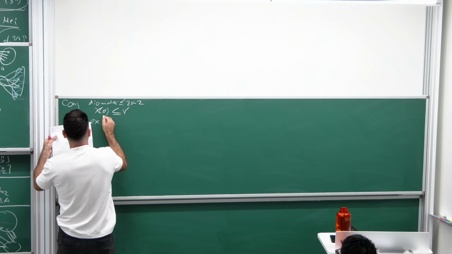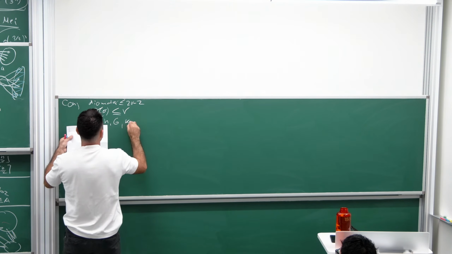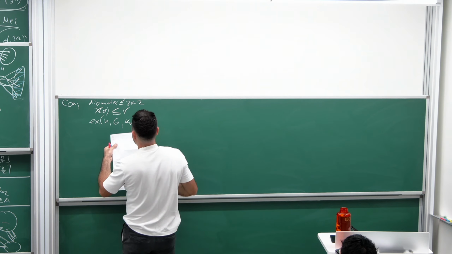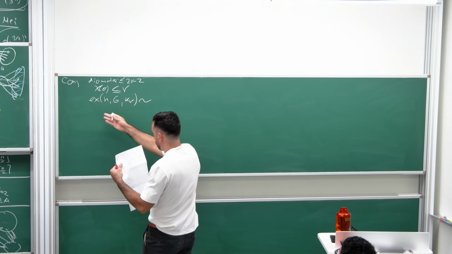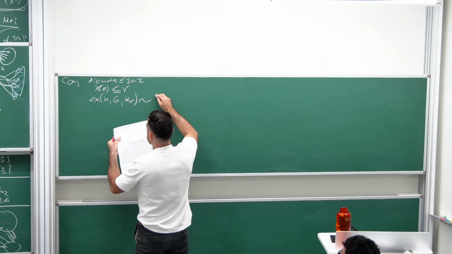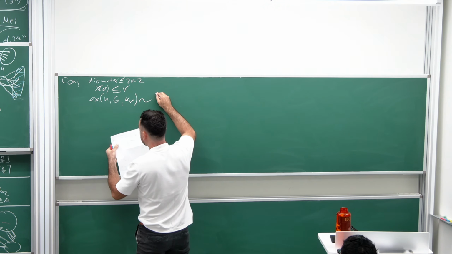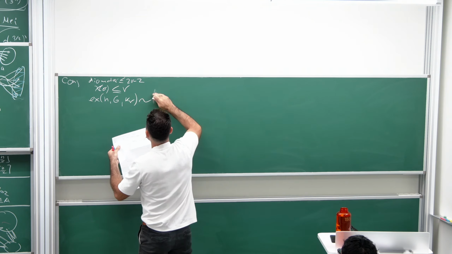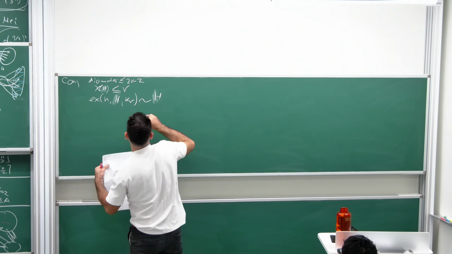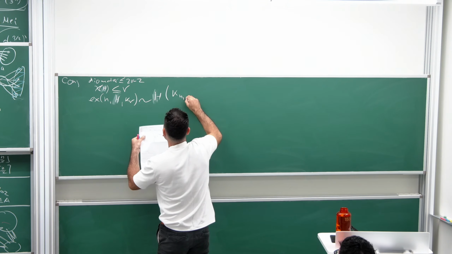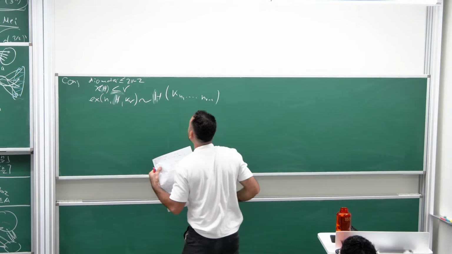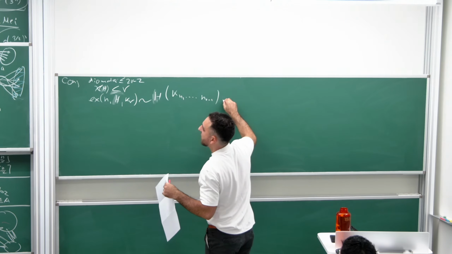Then the extremal number of G is the extremal number of K n1 through n r minus 1. Actually, so far I had H everywhere, right? So this was our conjecture.